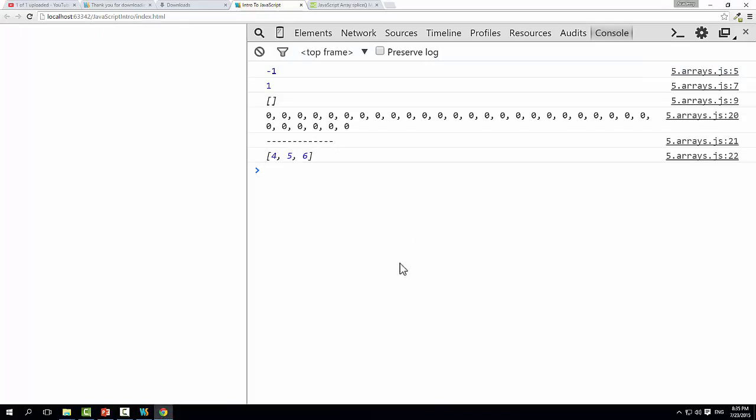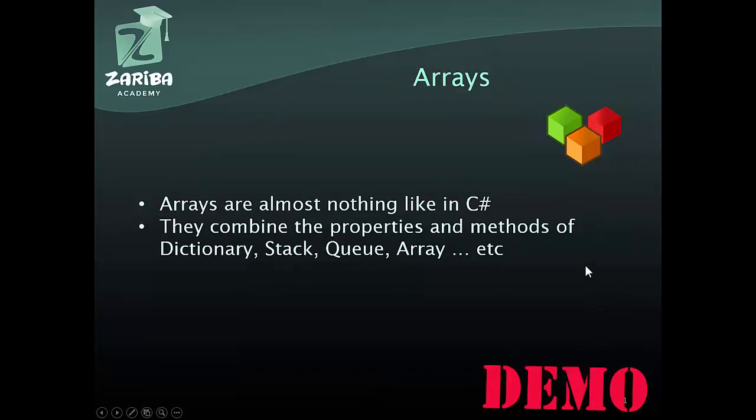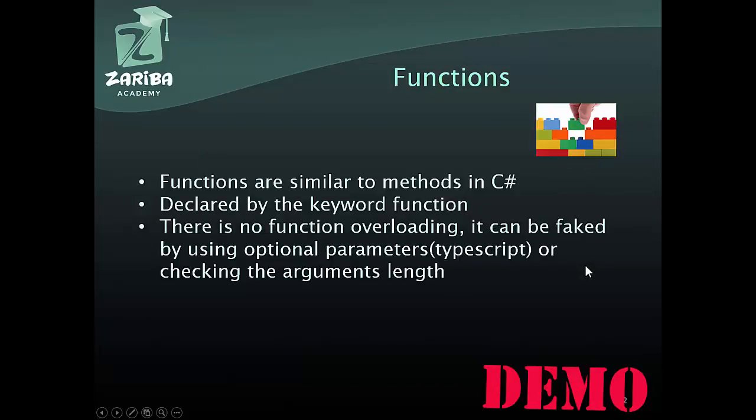Okay, I think that was about it for arrays. Functions. Functions are similar to methods in C#, declared by the keyword function here, and instead of just private, static, void, and so on, just type in function, the name of your function, and then you can start using it straight away.